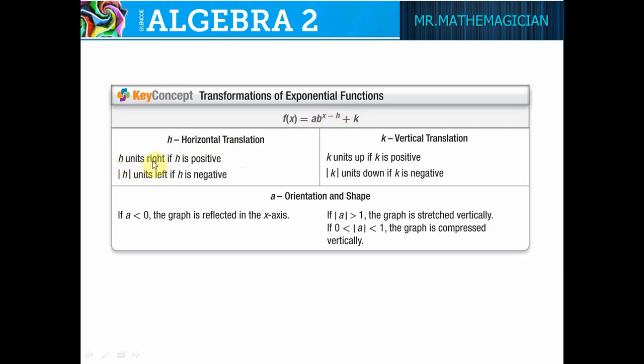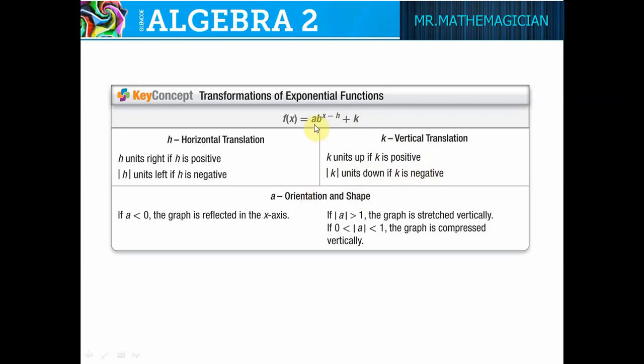H units right if h is positive, absolute h units left if h is negative. But you need to pay attention to this negative sign. K is vertical translation, k units up if k is positive, absolute k units down if k is negative.